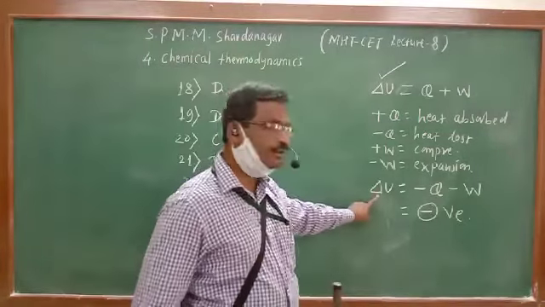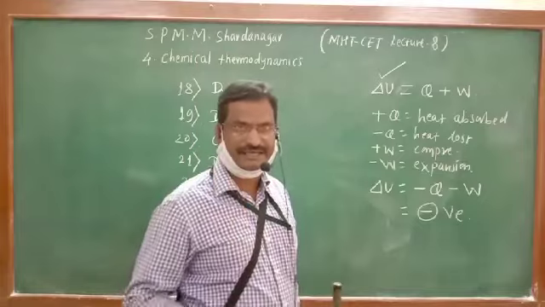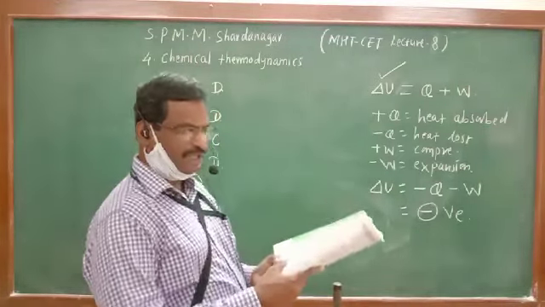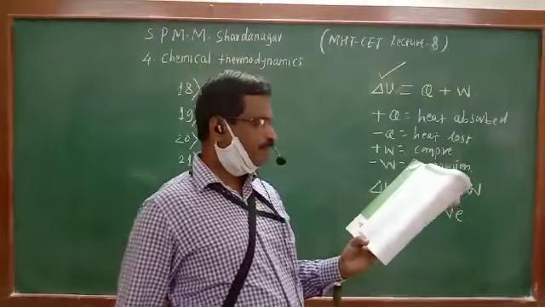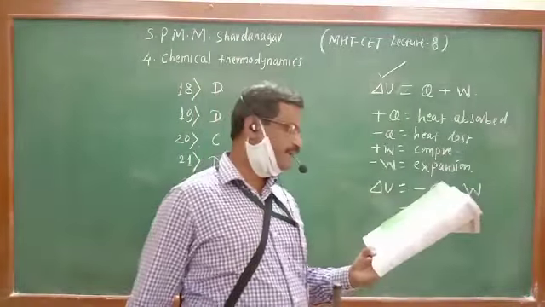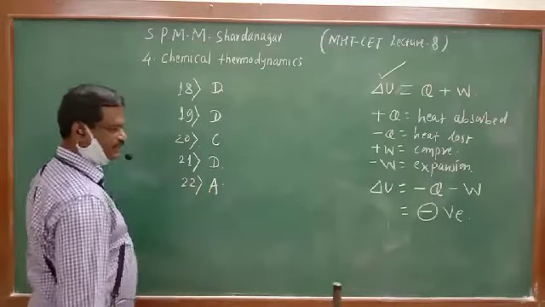Therefore, delta U negative means increases or decreases? Decreases. So, let us see the options. Option A, decrease. B, increase. C, remains same. And D, none. Therefore, option number A is correct.